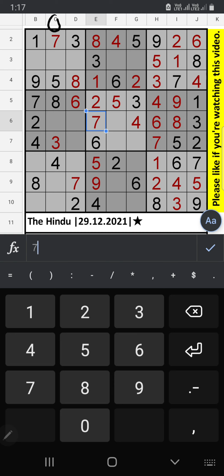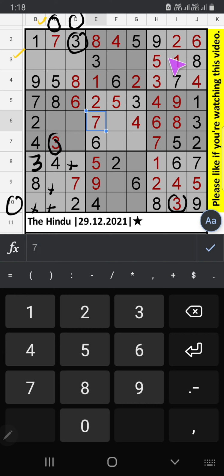Column C and column D, we have 3. Also 10th row we have 3, so it can't come in these cells. Then 3 will be here. Column B, two numbers are remaining, 5 and 6.